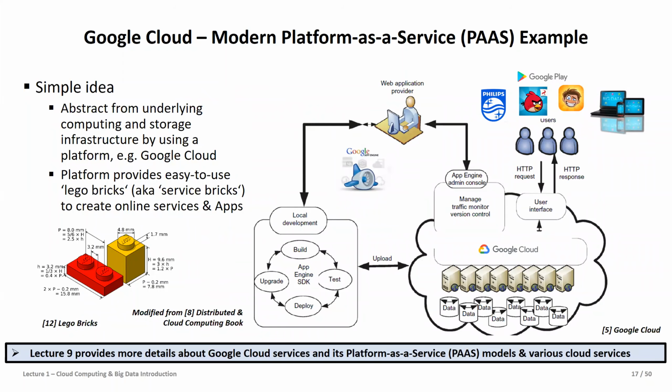Another example of today is the Google Cloud. I bring this example because students typically like to think about more practical aspects, like how to develop apps. You see a very famous app that takes advantage of the Google Cloud, which is called Angry Birds. I think Philips also uses it, with sensors and lights to steer lights up and down and having data around these.